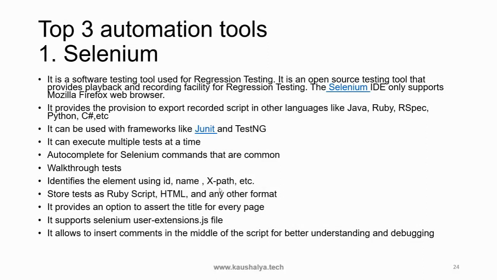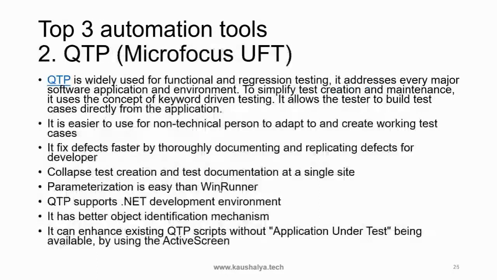And you have different ways of identifying the form elements like ID, name, XPath, and all. And it can work with other third-party jars. So as it is open source and freeware, and a lot of materials are available, people are typically using Selenium. Followed by QTP you have.